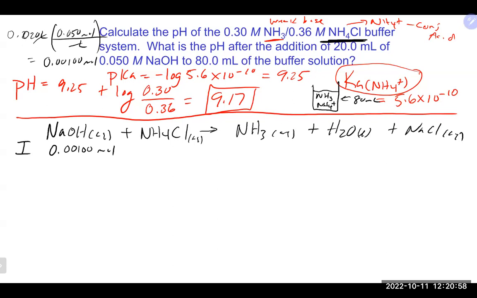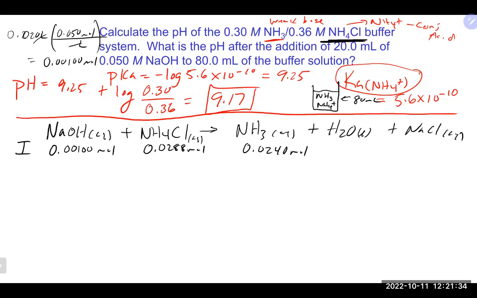For our NH4Cl, 0.08, converting it into liters, times our NH4 plus, which is 0.36, gives us 0.0288 moles. For our NH3, we do the same thing, 0.08 because there's 80 milliliters of the buffer, times 0.3, gives 0.0240 moles. Any questions on how I got any of those numbers?